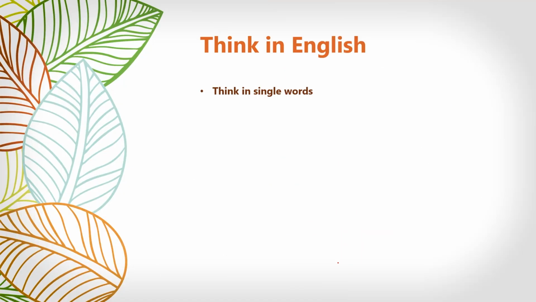Let's move on to the second level, which we call describing unknown words. In simple words, describing unknown words is when you know what it is called but you can't remember that word at that time.